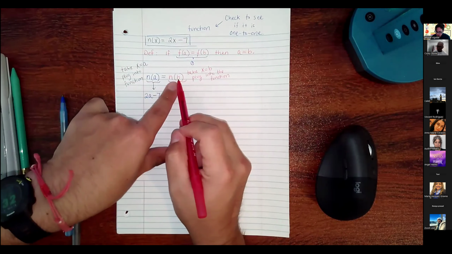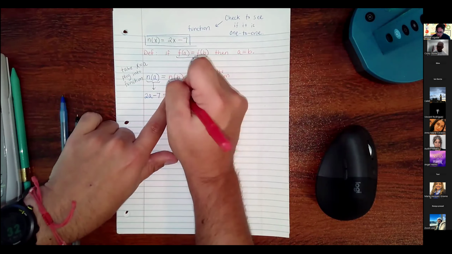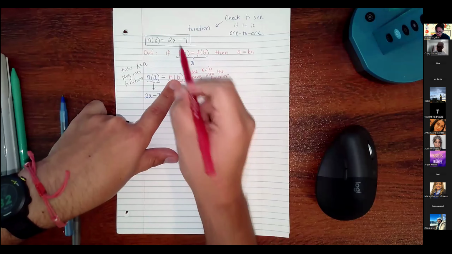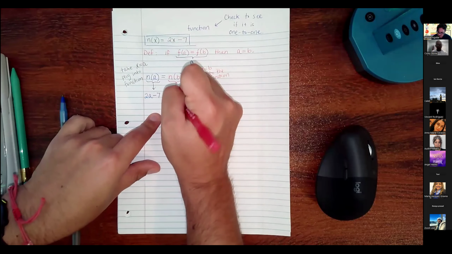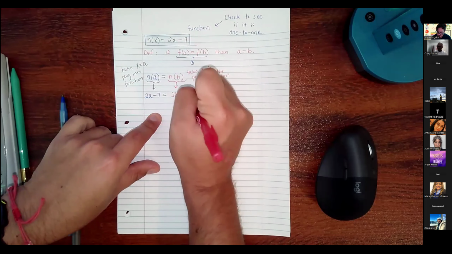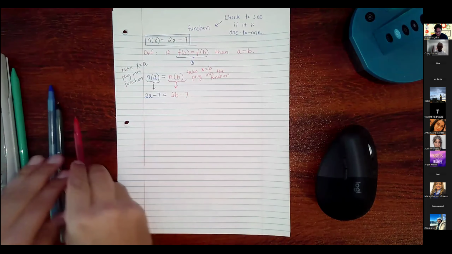So again, I'm going to just take this like it's a number, like we've done in the past, and just replace the x here. So I'm going to have 2b minus 7 on this side of the equation, 2b minus 7. Okay.